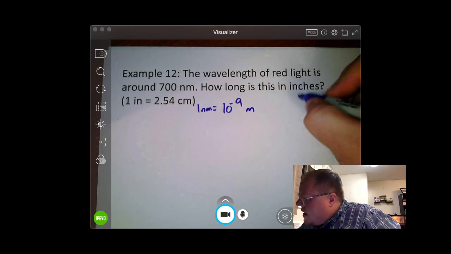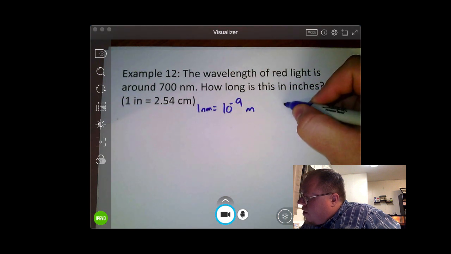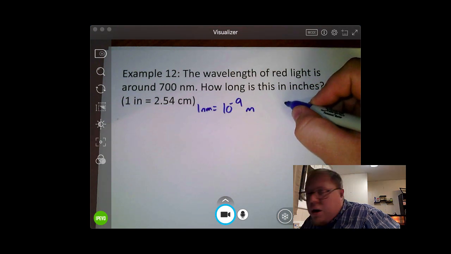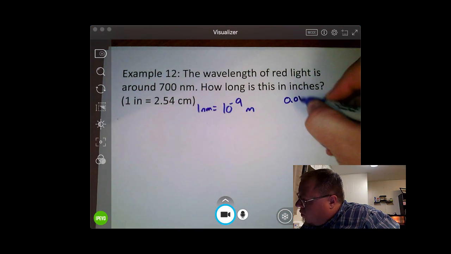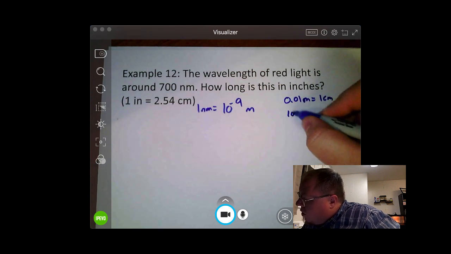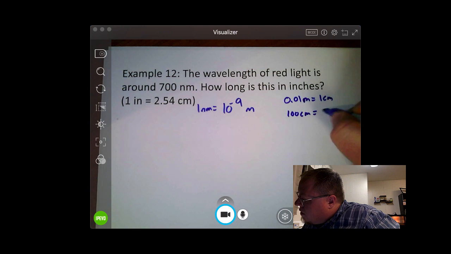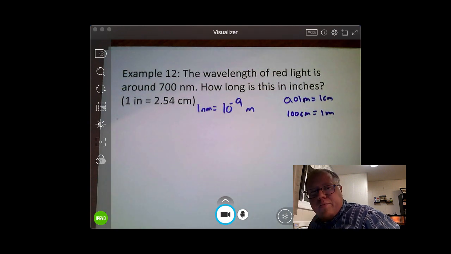Okay, and then I know that there are centimeters, there's 100 of them, okay, because 1/100. So you can either do 0.01 meters is equal to 1 centimeter, or you can do there are 100 centimeters in 1 meter. It really doesn't matter, okay?